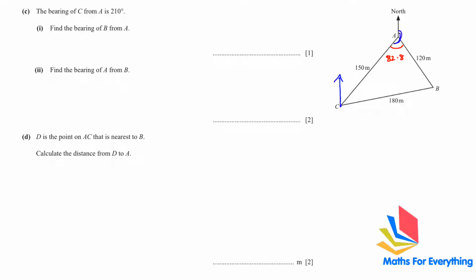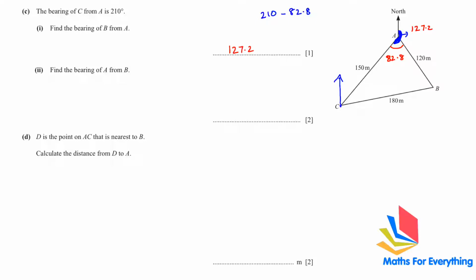This whole thing is 210. If you want to find only this part, you're going to subtract 82.8 from 210. That will give you 127.2. So the answer is 127.2.